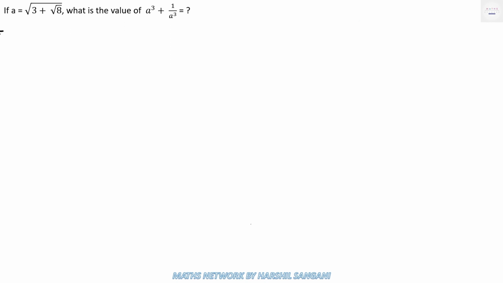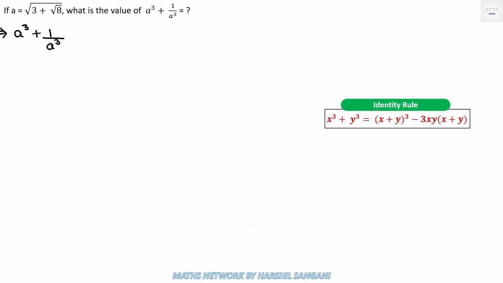And now guys, we will be finding the value of a cube plus 1 upon a cube. For doing so, we will use an identity that for any variable x cube plus y cube, it equals x plus y whole cube minus 3xy multiplied by x plus y.